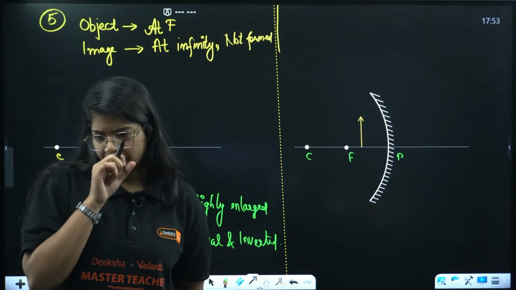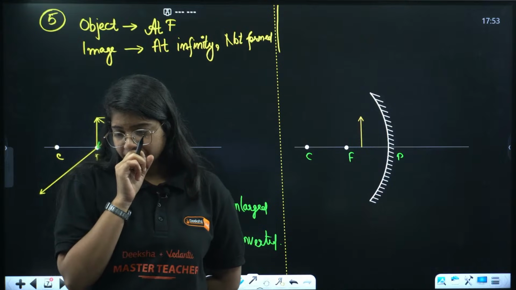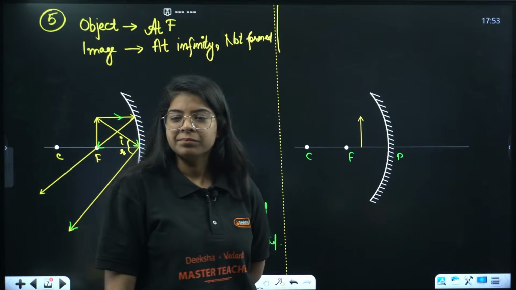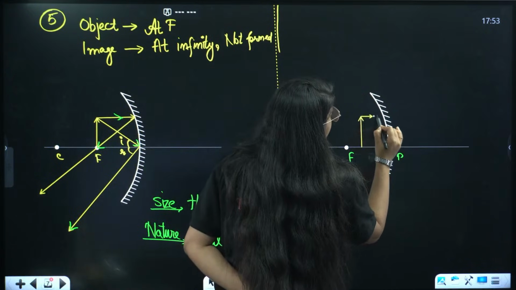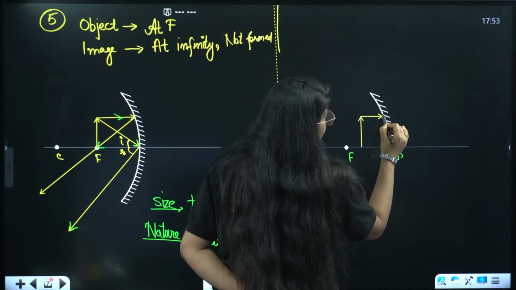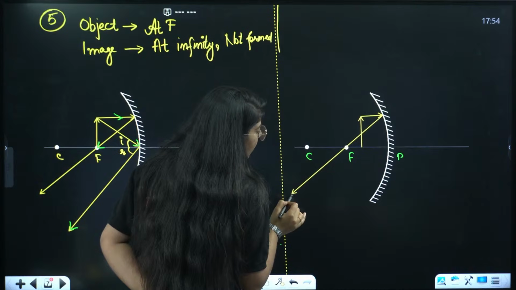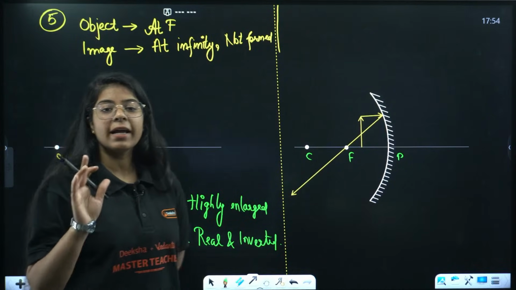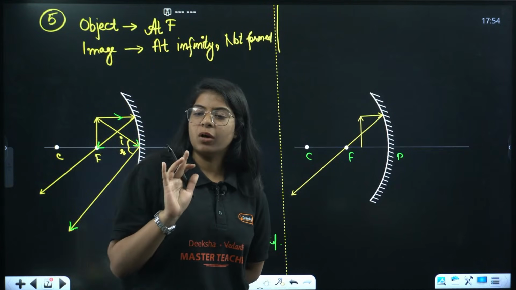Is it clear? Okay, the first ray goes parallel to the principal axis and passes through focus. Is this clear, everyone? Till here any doubt?